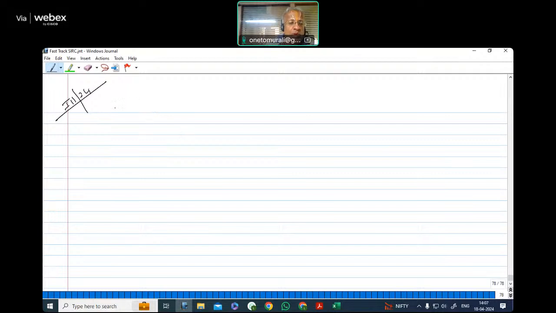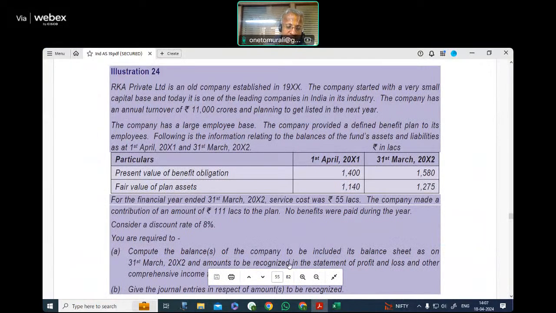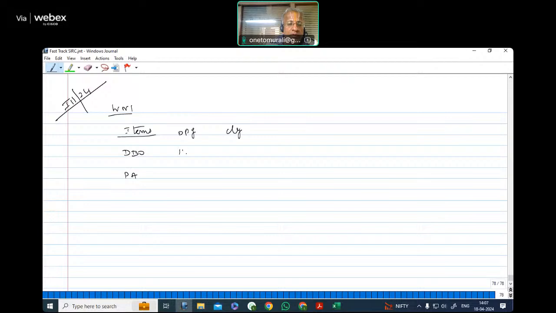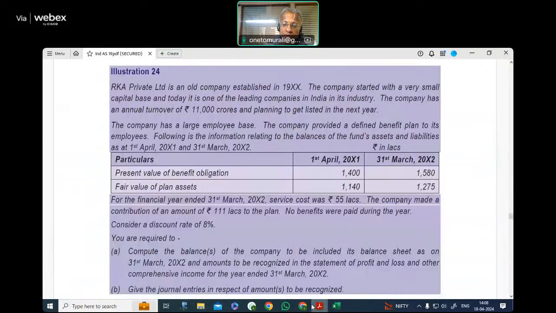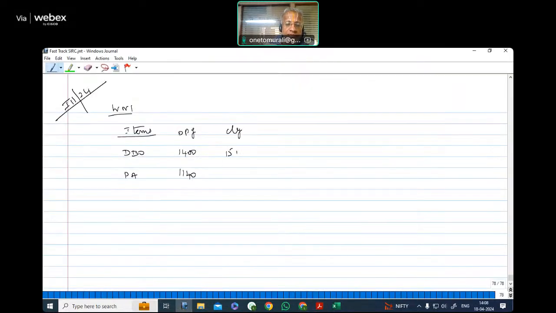Working on number one, we have items like defined benefit obligation and plan assets. Opening and closing, the obligation is greater than the plan assets: 1400 and 1140 at the opening, and at the close it is 1580 and 1275.